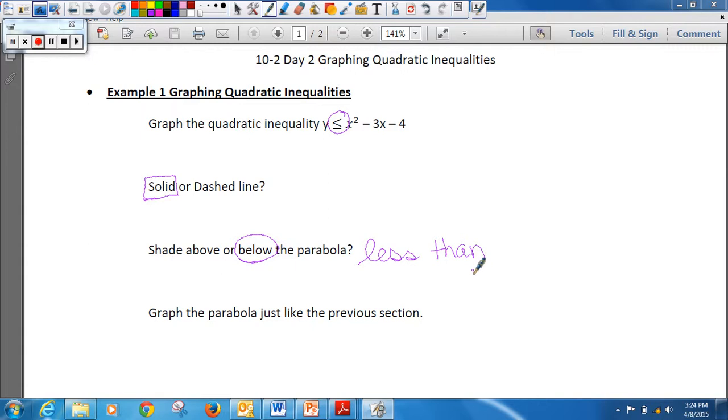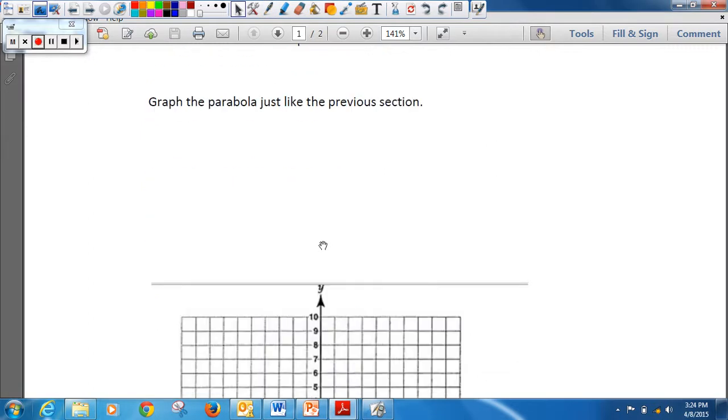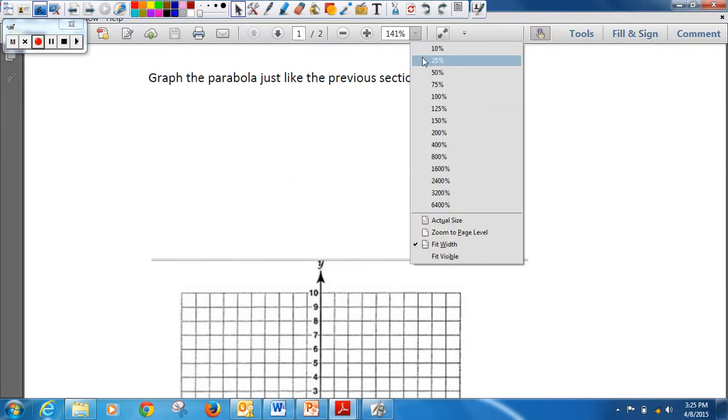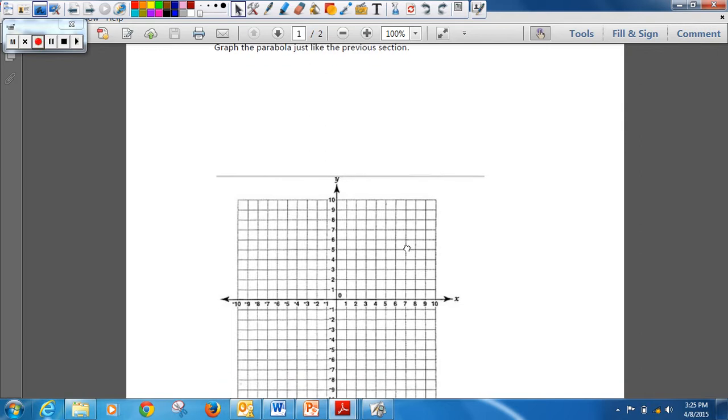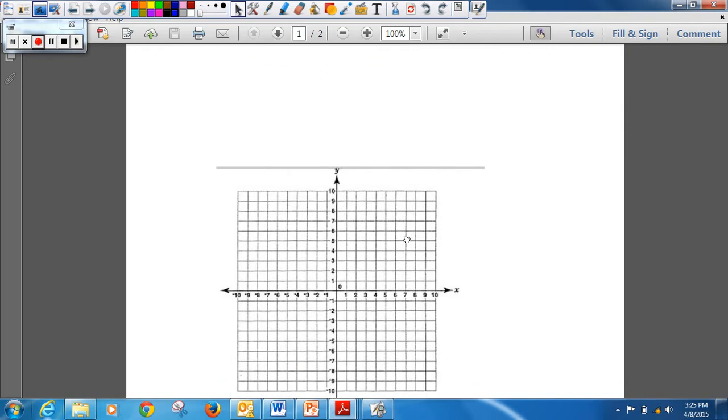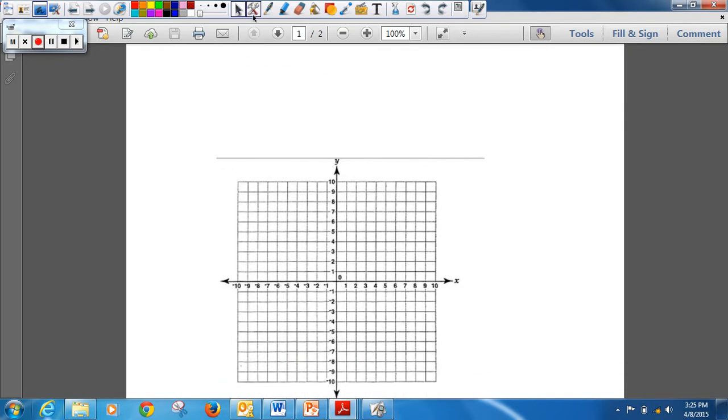Okay, and then we're going to graph the parabola just like we did in our previous sections. So we have 2 steps. And let me get this minimized so hopefully I can see it and do all this at once. So the first step is to find your axis of symmetry, negative b over 2a. So I have b is negative 3.